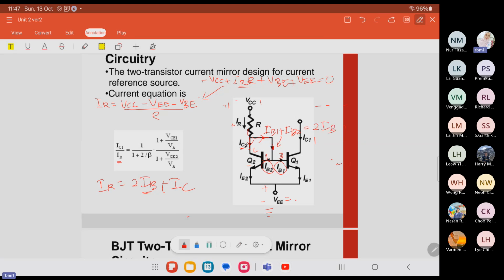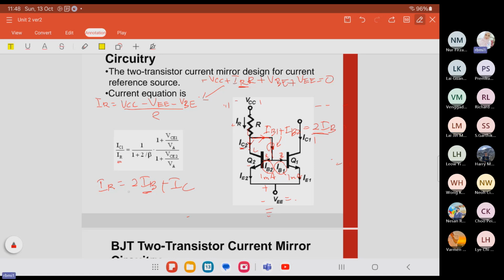Because it has the same value. Let's say, for example, now it is 1 milliampere. For here also 1 milliampere. So for this point here, the top one is 2 milliampere, right? Okay, do you understand? Is it okay? Get it? Yes, thank you. Okay, welcome.